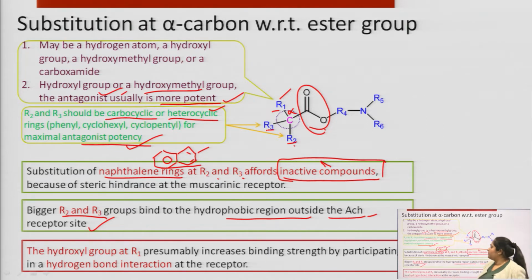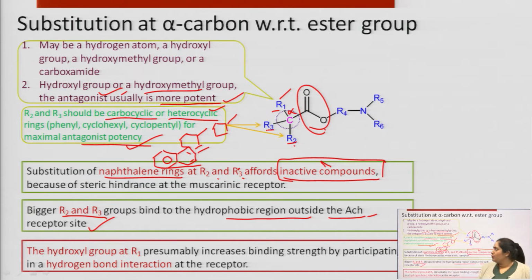Apart from that, R2 or R3 can be any carbocyclic or heterocyclic compounds like phenyl, or cyclohexyl or cyclopentyl group, anything in a carbocyclic form.